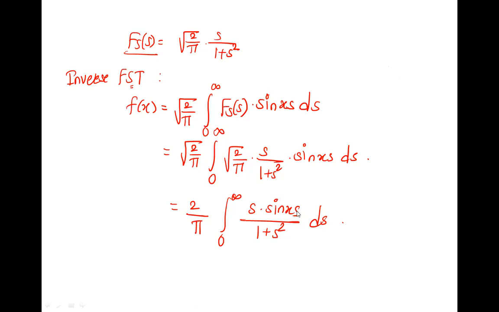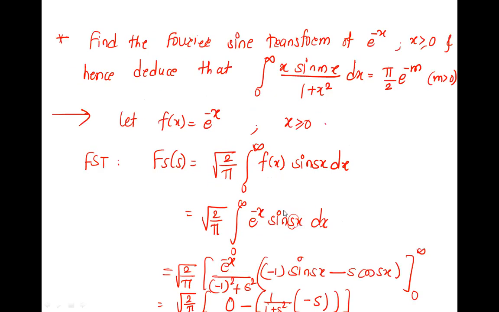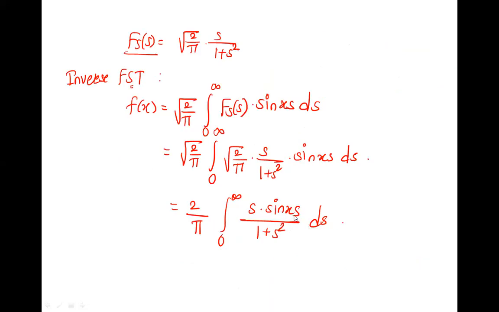So we can change s by x in the final step. S will be x later, but what will that x be first? We need sine mx, so we are replacing s by x; this is your s, so there should be sine ms. So what should we write for x?